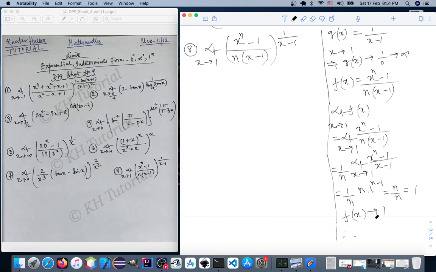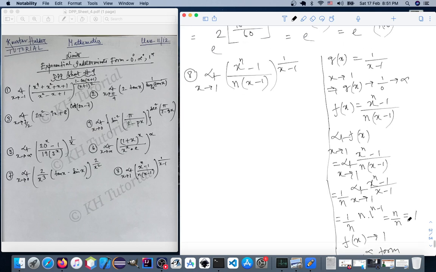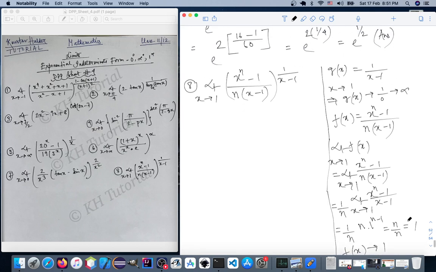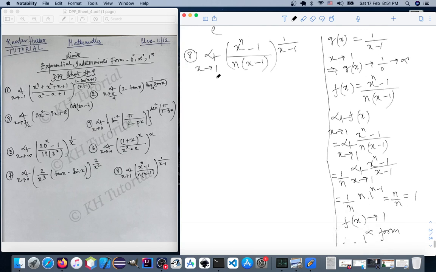Therefore we have 1 to the power infinity form. So now we can use the direct formula of 1 to the power infinity.